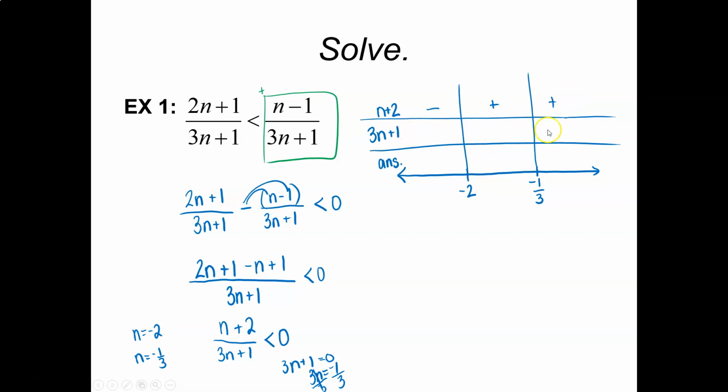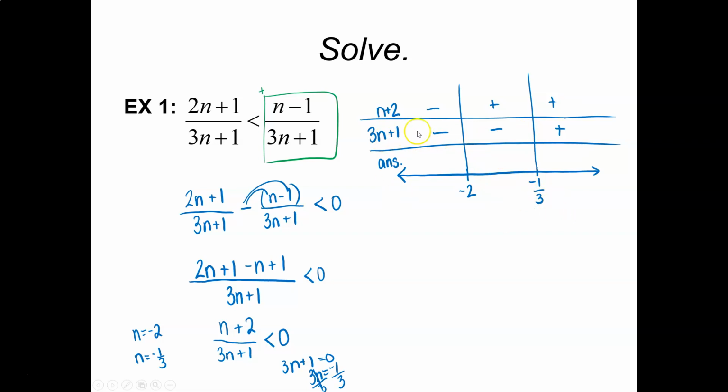Morgan, what do the positives and negatives look like for that second line? I got negative, and then positive. Perfect. Okay, and we're doing that same thing we were doing last time. We're plugging in those numbers to check, but you can also notice this one switches at negative 2, this one switches at negative 1/3, so you can do it a little bit more quickly.